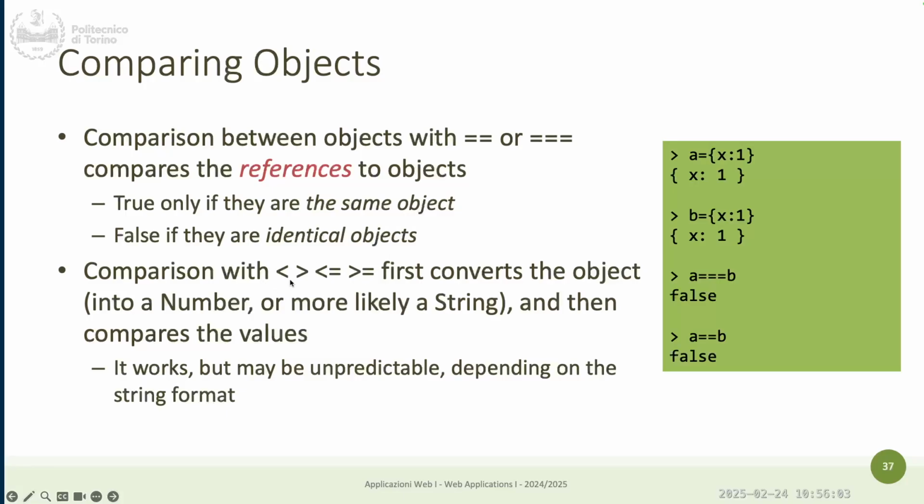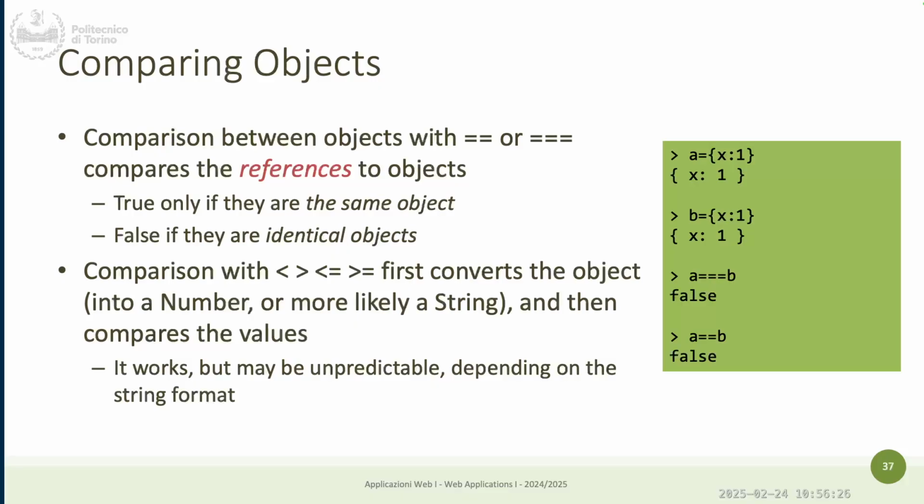Unfortunately, the less than or more than operators follow a different rule. Instead of comparing references, which doesn't make any sense, basically comparing the value of two pointers, they will try to convert the objects into strings and then run the comparison.